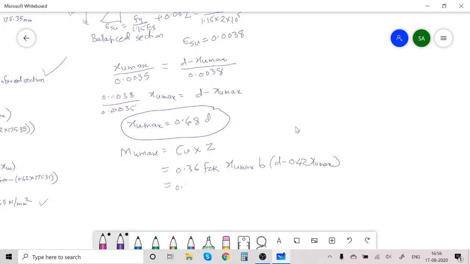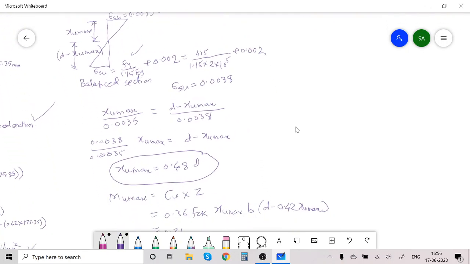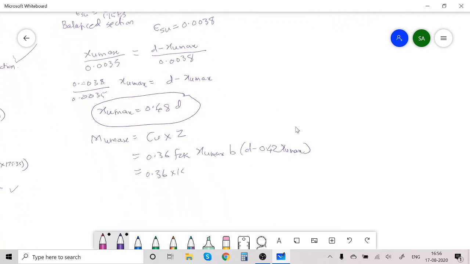So 0.36 fck, as the grade of concrete is given as 15, XU max is 0.48 d into b into bracket d minus 0.42 into 0.48 d. So simplify this, what you will get, 2.066 b d square Newton mm. This is Mu max.